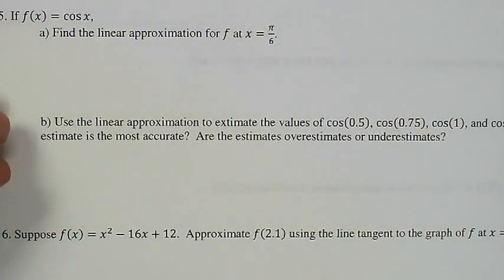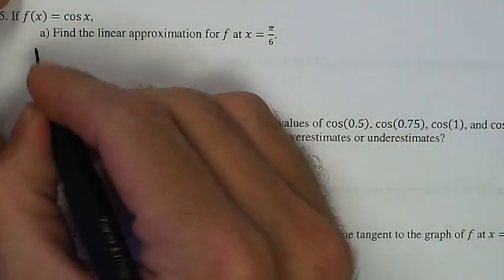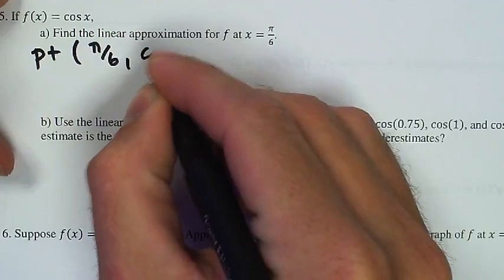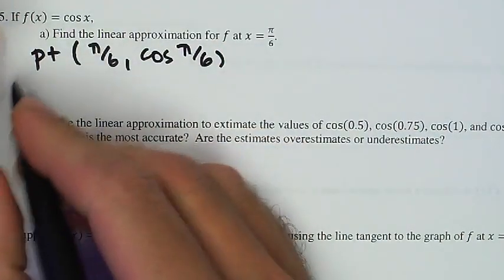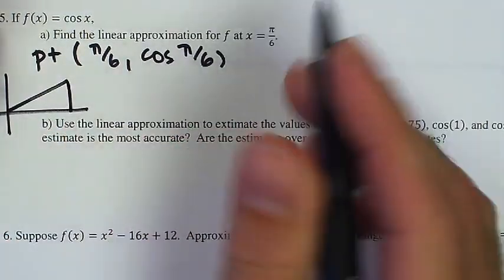All right, find the linear approximation for cosine of x at x equals pi over 6. So I need a point, and it's going to be pi over 6 and cosine of pi over 6. Pi over 6 is the short one.